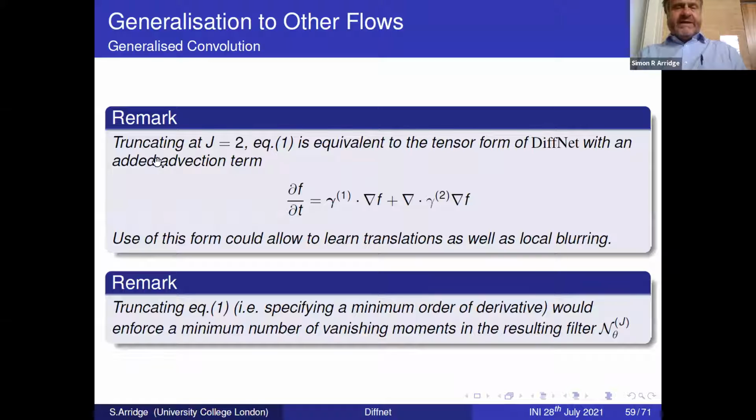So if we truncated this at J2, then it would be very similar to DiffNet with the addition of this advection. We'll be learning these coefficients plus these coefficients. And if, again, whatever order we truncated that, we would be enforcing a minimum number of vanishing moments.